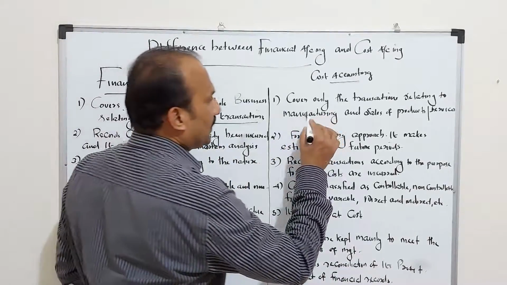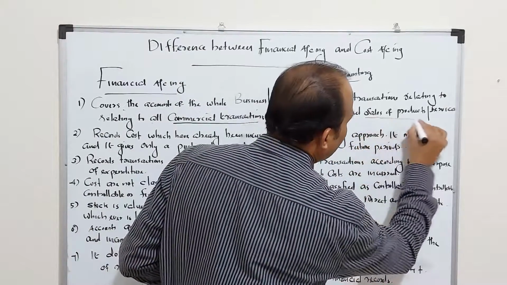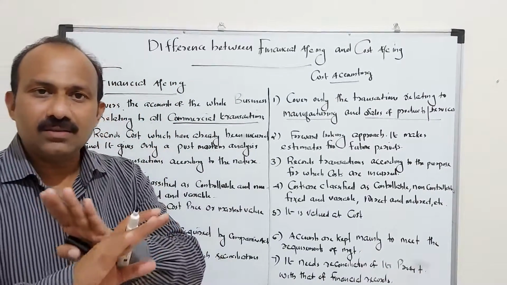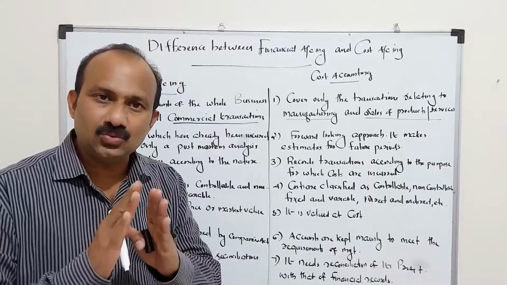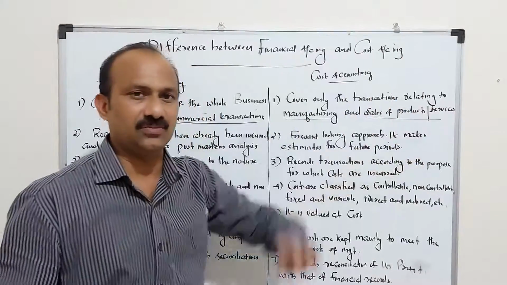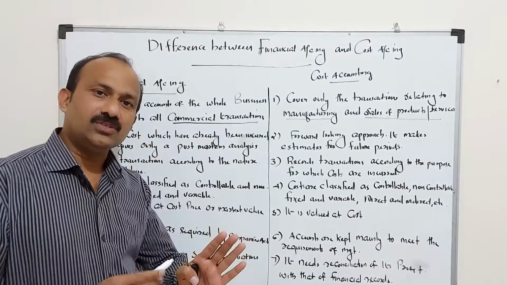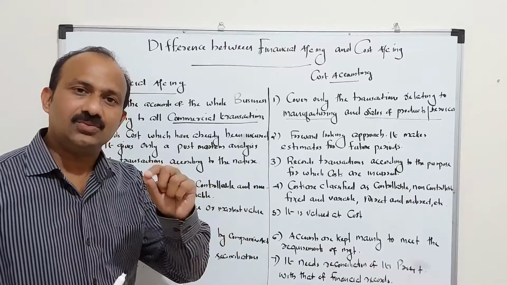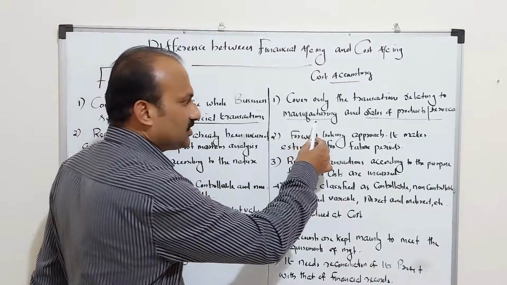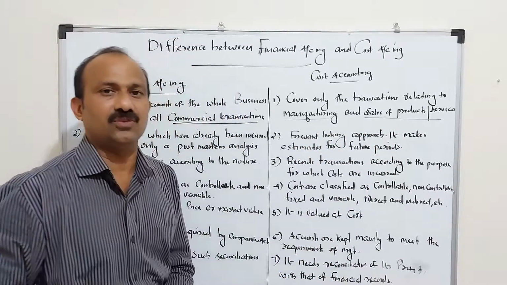But in cost accounting, all the transactions are related to the manufacturing and sale of products and services. First point is, financial accounting covers the whole business related to transactions of a commercial nature, while here the transactions relate to manufacturing and sale of products and services.